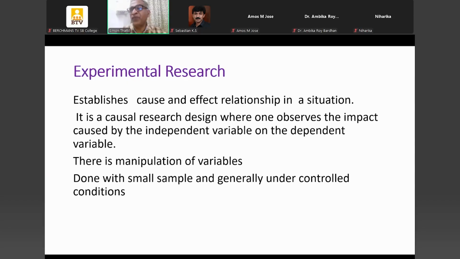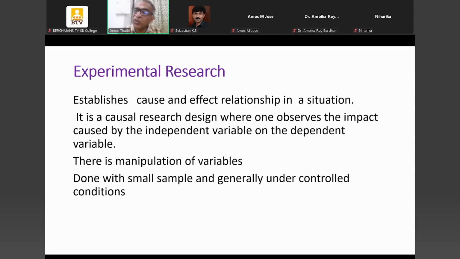If you say for example, in the example which I now said, I'm trying to see the relationship between production of paddy and rainfall. So if I take data on rainfall and if I take data on production of paddy, that association need not be essentially because of rainfall. Production of paddy is also influenced by use of fertilizers.